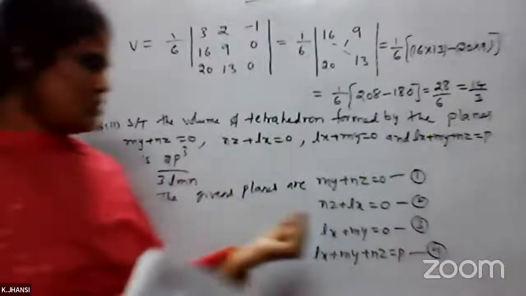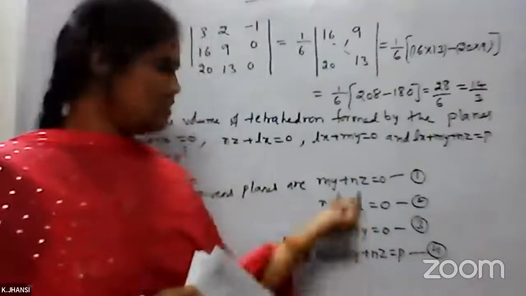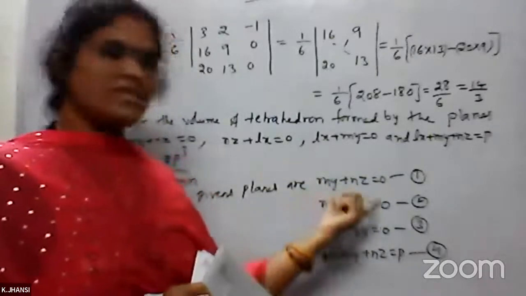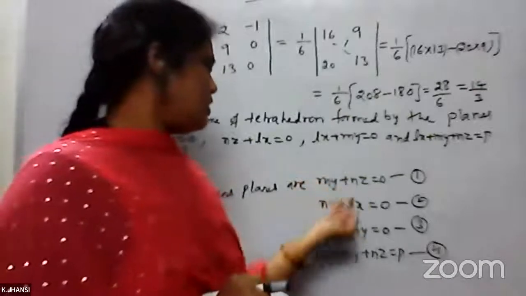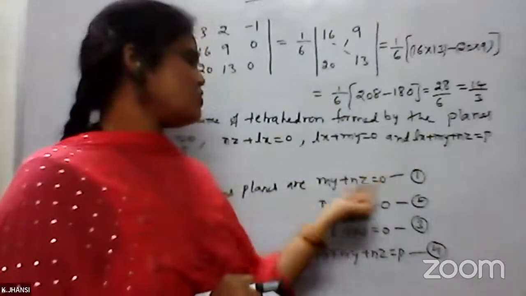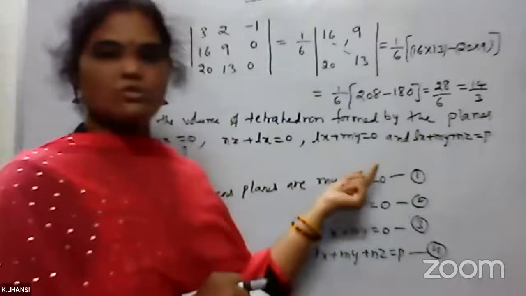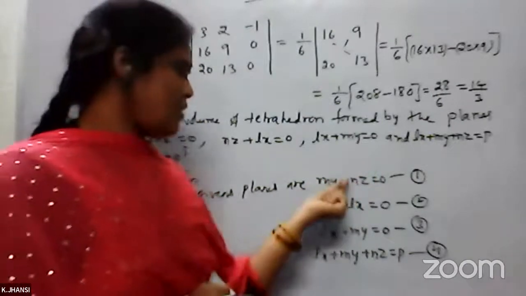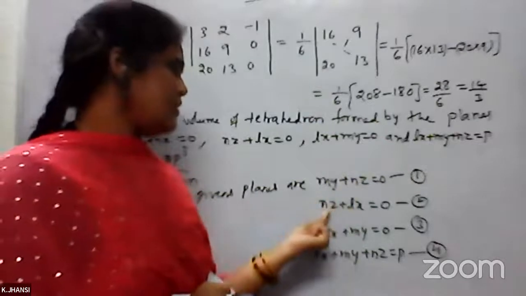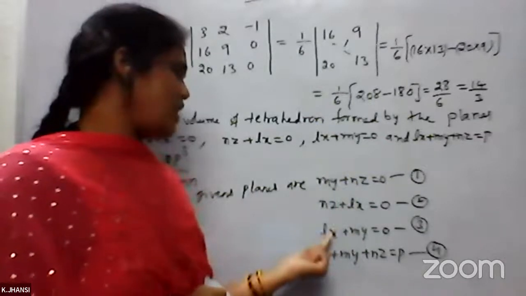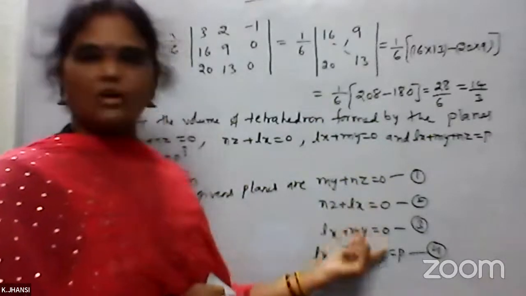So if you solve 1, 2, and 3, you will get the x, y, z values as 0, no? Why? Because my plus nz equals 0 means my equals minus nz. From this, if you take any two, nz will get cancelled. Lx plus my, if you substitute, you will get all 0 values.